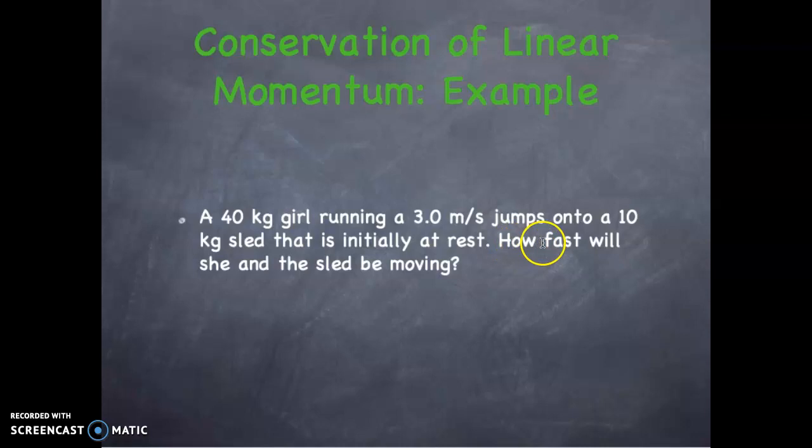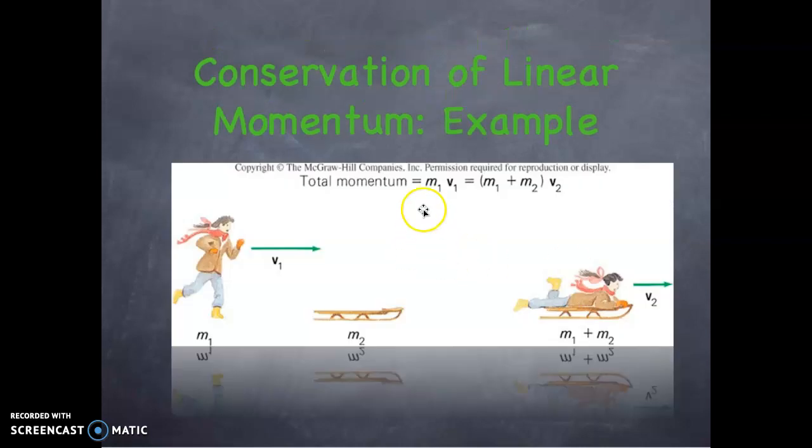Now the question becomes, how fast will she and the sled move together after she jumps onto it? In a case where there are no external forces acting, say if she and the sled are on a slick surface. Here's the mathematics for that. The total momentum in the initial case must equal the momentum in the latter case.